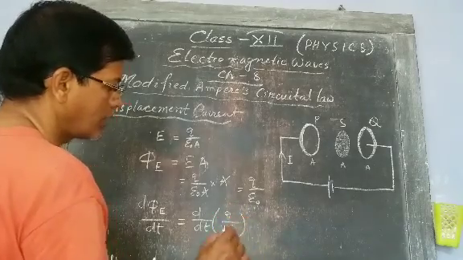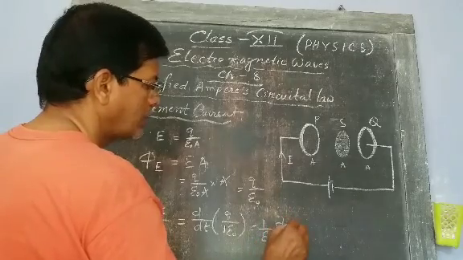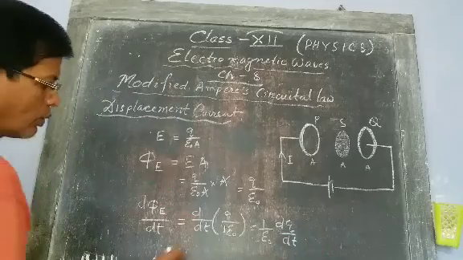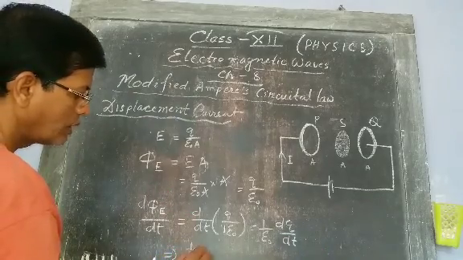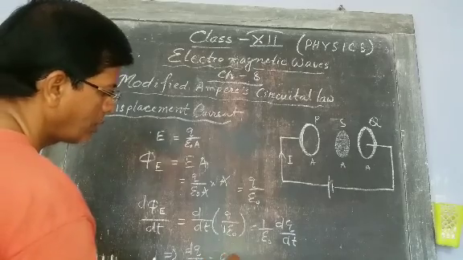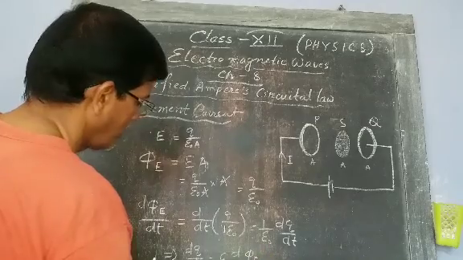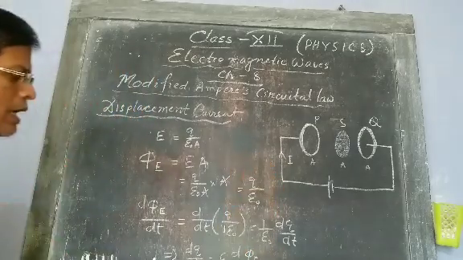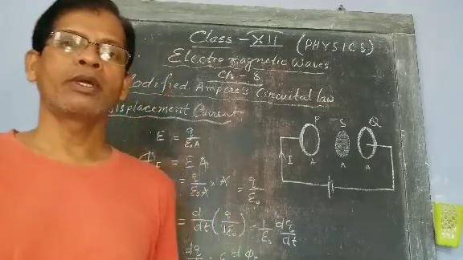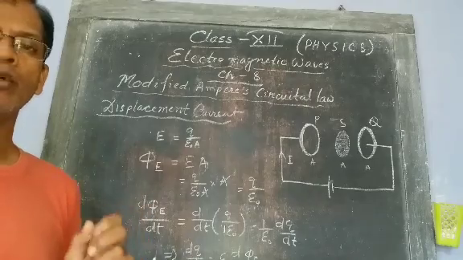Epsilon naught is constant, so it comes out: dq by dt. So dq by dt equal to epsilon naught d phi E by dt, and dq by dt is the rate of change of charge, the rate of flow of charge.